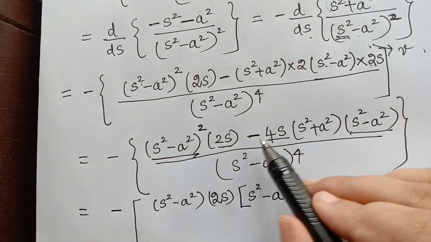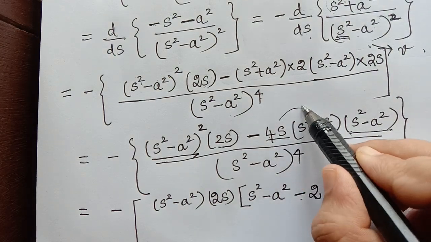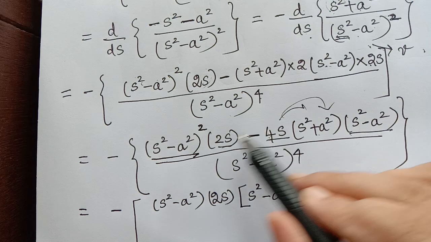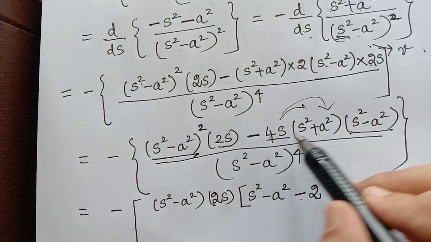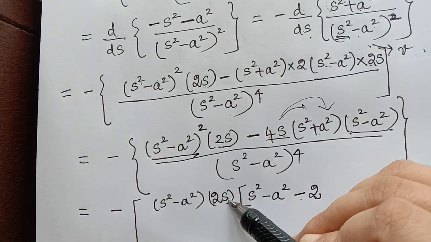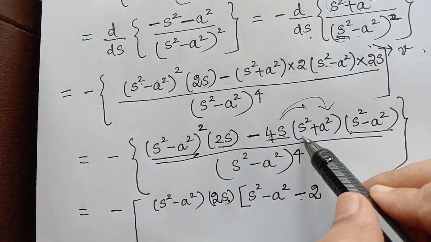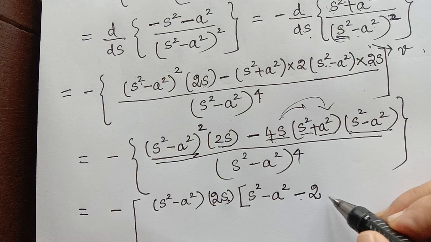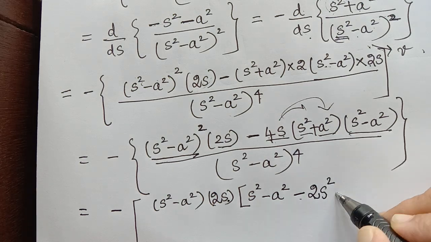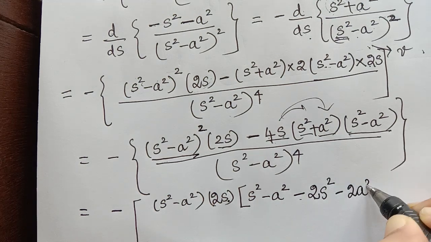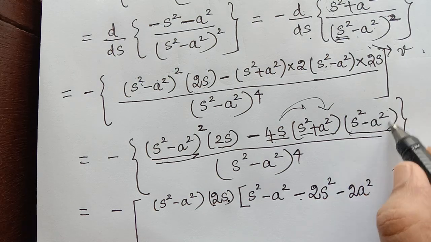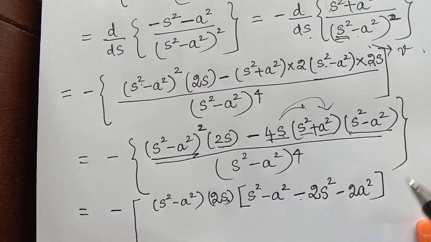So this negative 2 should get multiplied to each of the terms. So one of the 2 has been taken common out, and this s also has been taken common out, so you will be having only minus 2. So when you multiply with these two terms, it will be minus 2s square minus 2a square, and this term has also been taken common out. So this is what we have.